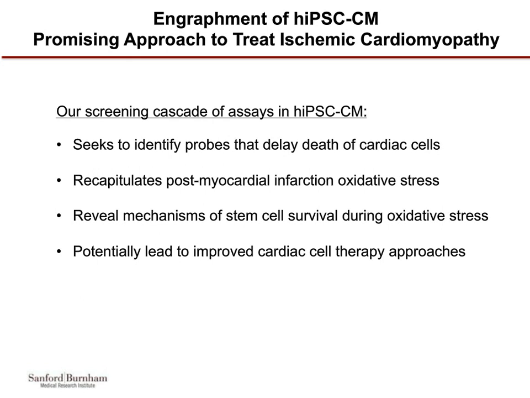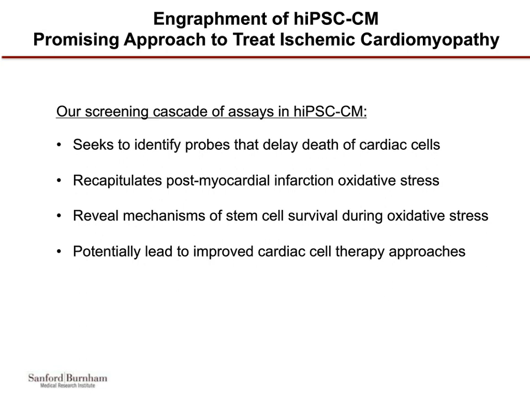Our oxidative stress assay recapitulates the post-myocardial infarction oxidative stress, and this uses peroxide as the main stress inducer. So we're hoping in this screening cascade to identify probe compounds and potential drugs that will reveal or better understand mechanisms of stem cell survival during oxidative stress, to potentially lead to improved cardiac cell therapy approaches.